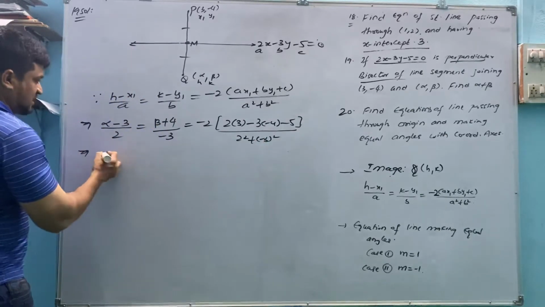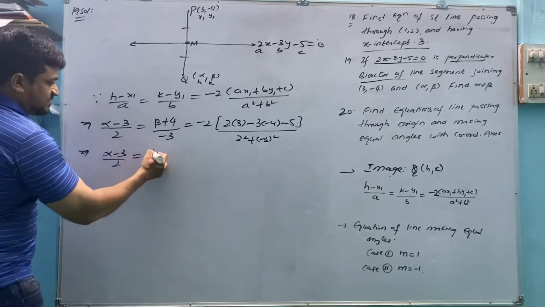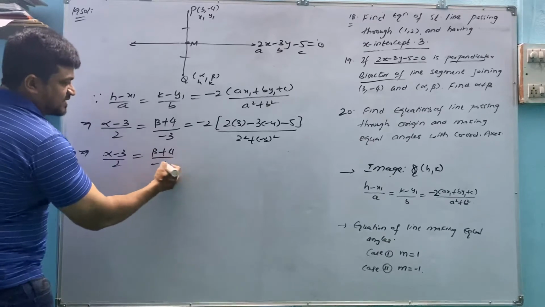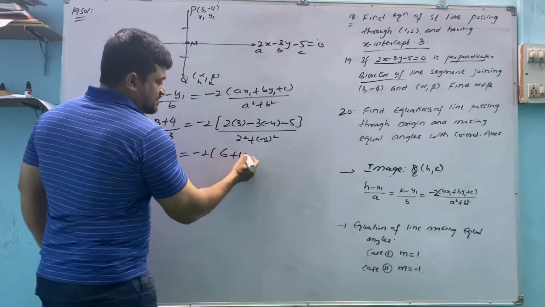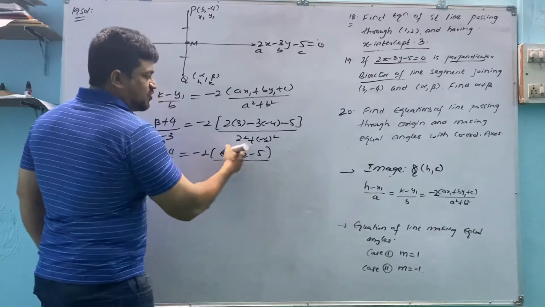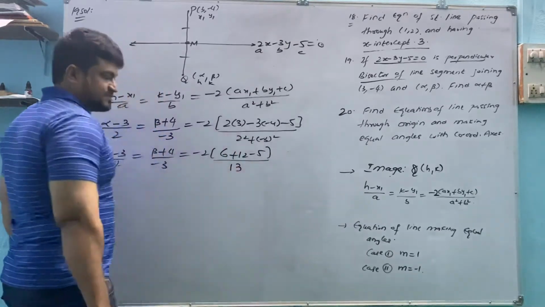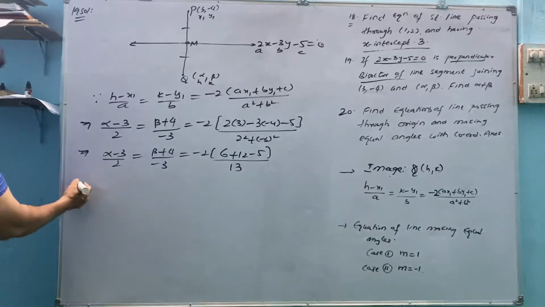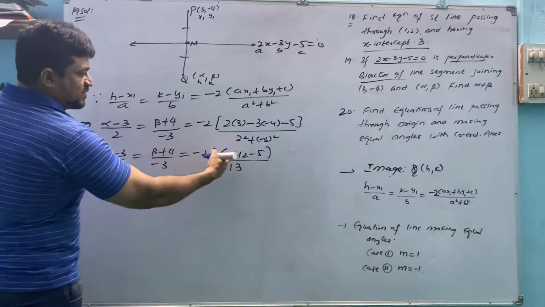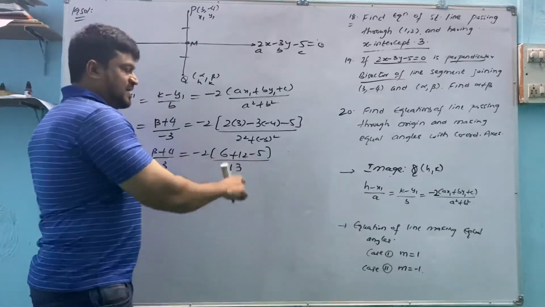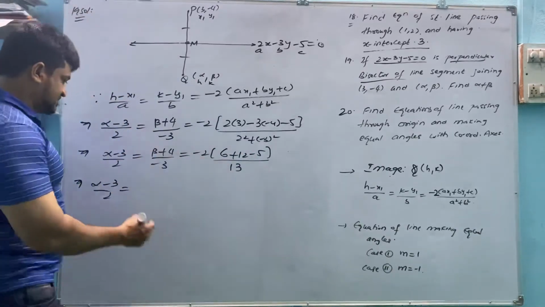So this is alpha minus 3 by 2, beta plus 4 by minus 3, equals minus 2 into 6 plus 12 minus 5 divided by 4 plus 9. This is alpha minus 3 by 2 is equals to this value. 12 plus 6, 18. 18 minus 5, 13 by 13.